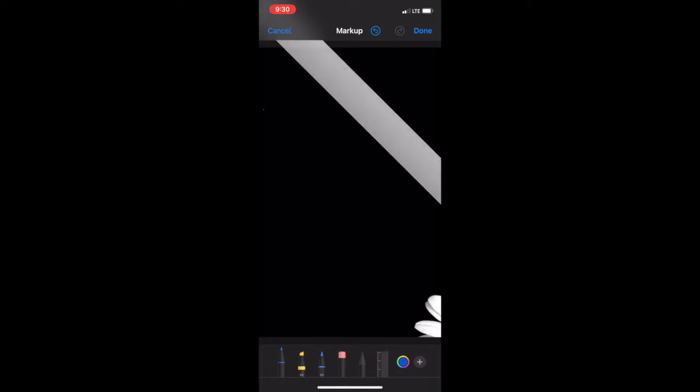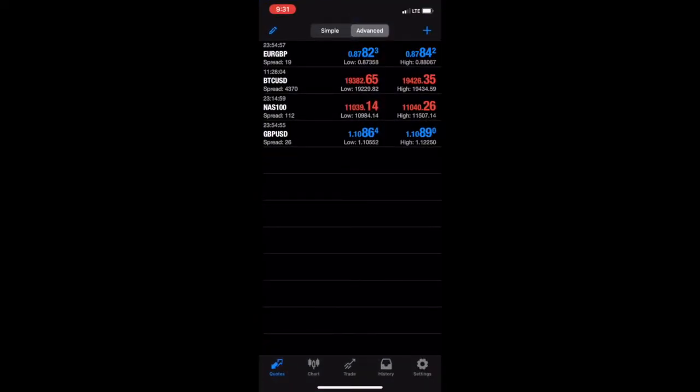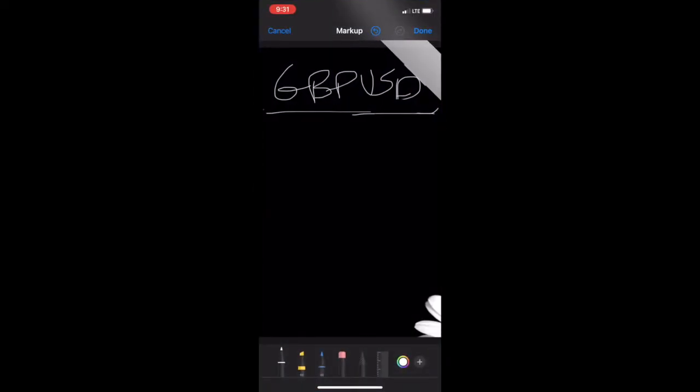You will be learning how to find that in the future courses, how to find the numbers of the stop loss and the take profit. But right now, all you need to know is how to find the pips within a trade, within a currency pair, and how to see the distance based on where you enter, where the stop loss is, and where the take profit is. So let's take an example with GBP USD.